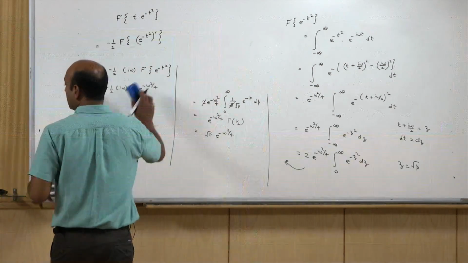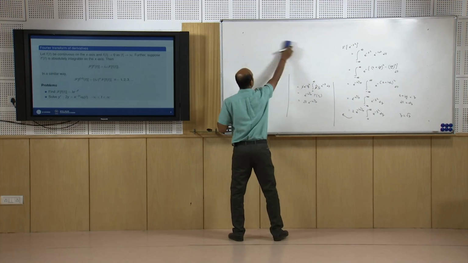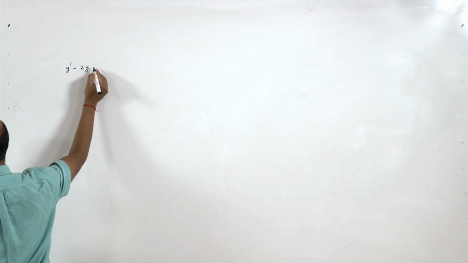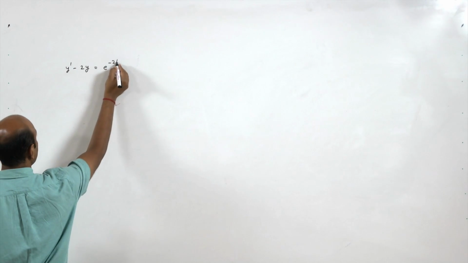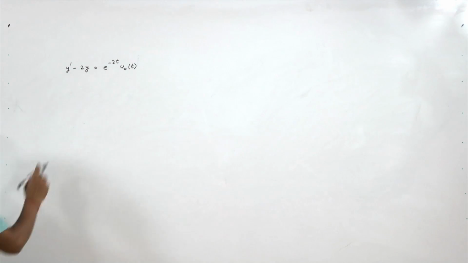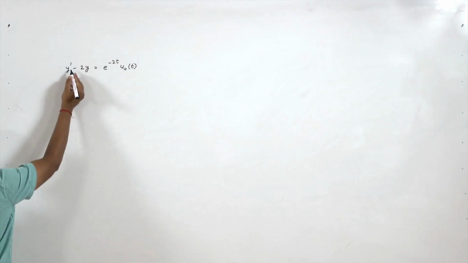Now, suppose you want to solve the next problem. It is y' - 2y = e^(-2t) u_0(t). Take the Fourier transform on both sides. What is the Fourier transform of y'?